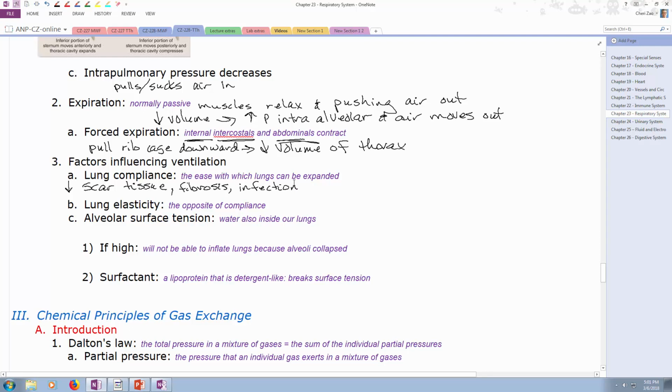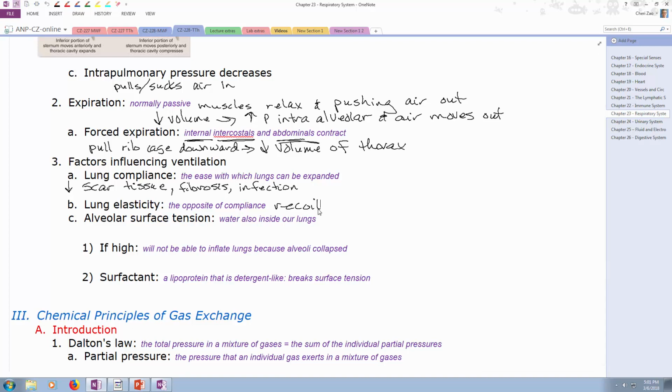Lung elasticity is the tendency to spring back into a small little wad of lung tissue itself. So that's the opposite of compliance for us. I call this recoil. If they're not very elastic, that makes it harder for us to get the air out.